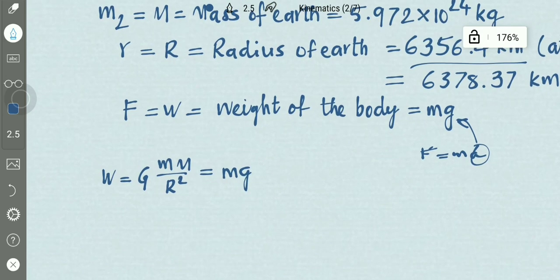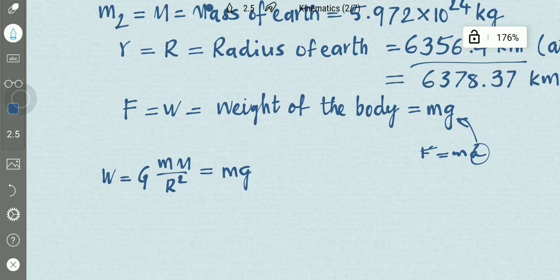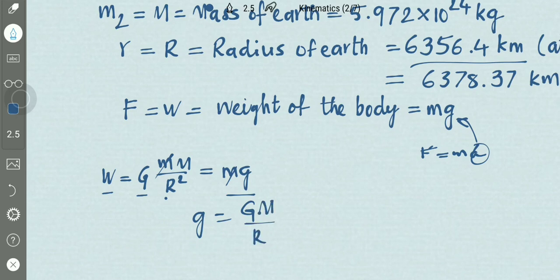So the force of attraction F is equal to W, right? So W is equal to G into m1, here small m, and m2, capital M, divided by R square. So W is equal to mg, right? Here small m gets cancelled, and g is equal to GM divided by R square.